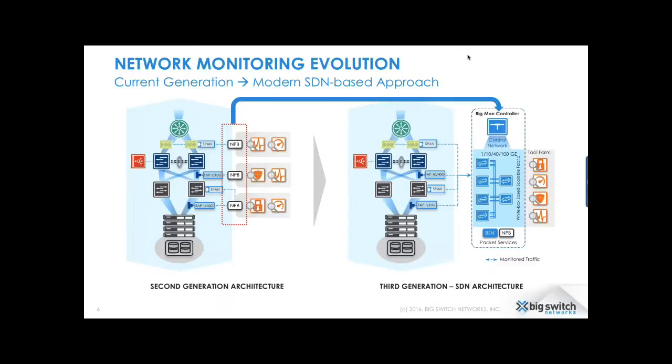So what we've done is, if you think of all your network packet broker infrastructure, we've logically chopped that infrastructure and rebuilt the same functionality. But this time around, we've built it in a scale-out fashion using bare metal or white box switches that are now programmed from a centralized controller. And there are a whole bunch of benefits that come from doing that.